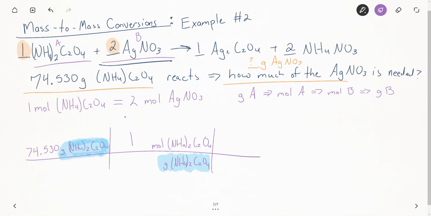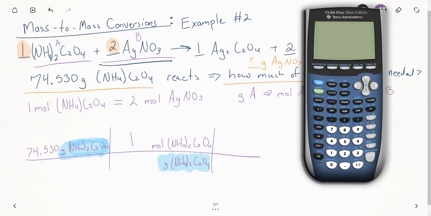And if you need help with figuring out molar mass, talk to us. We can help you out with that. But really what we need to do is pull up a calculator.